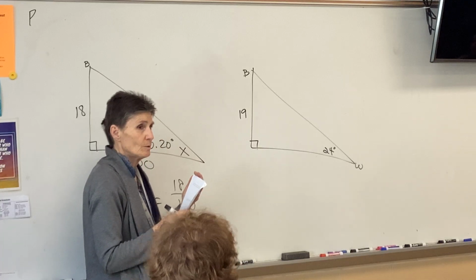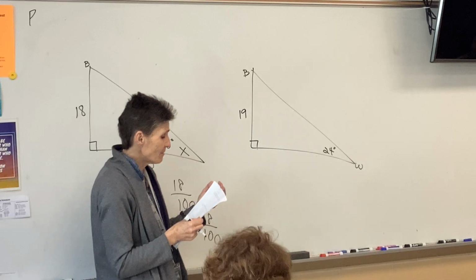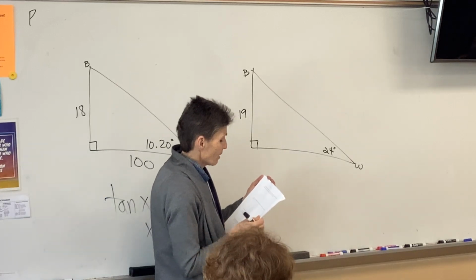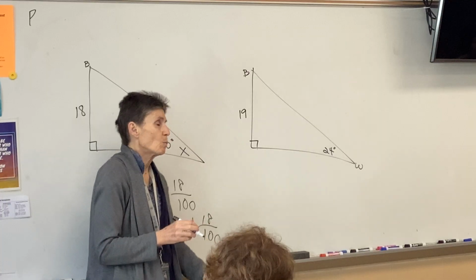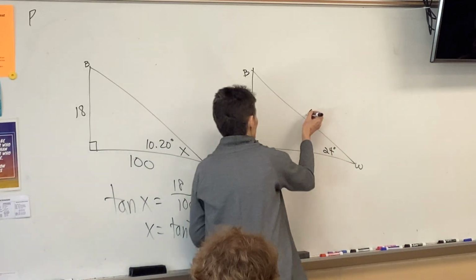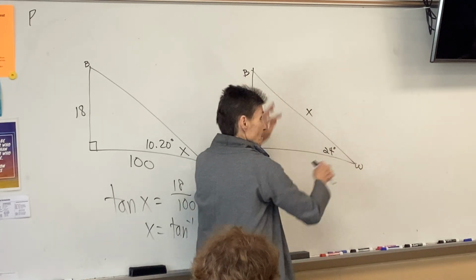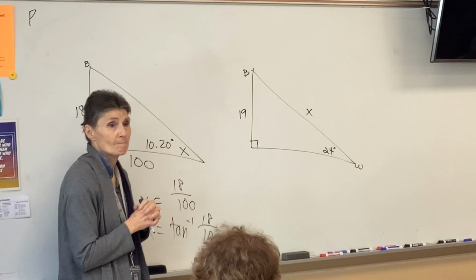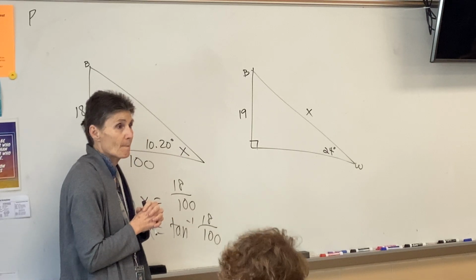So far, so good. What's my question? Find the distance from a worm to a bird. So where does my X go? My hypotenuse, because there's the bird, there's the worm. That's how far apart they are. Right?